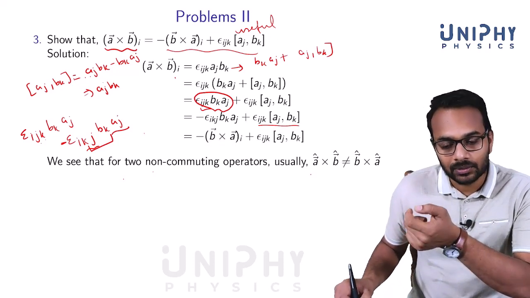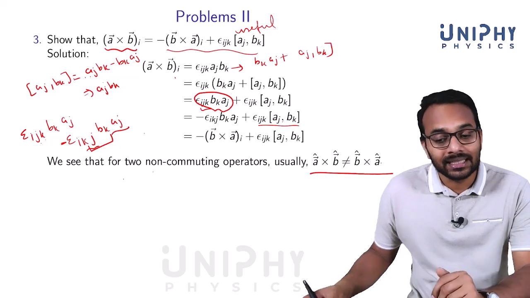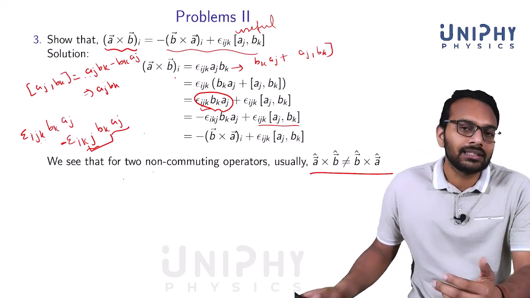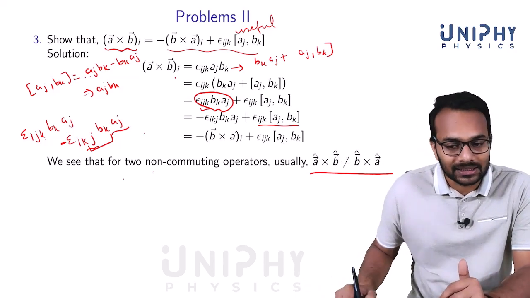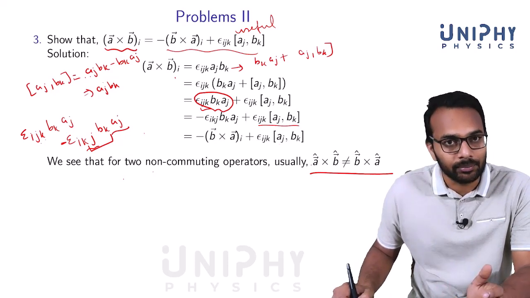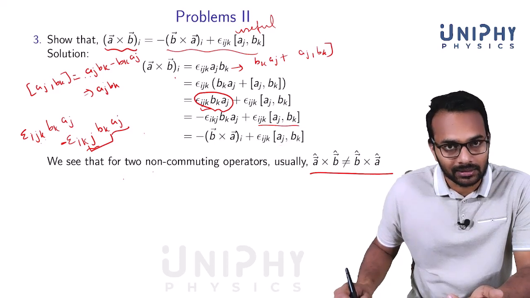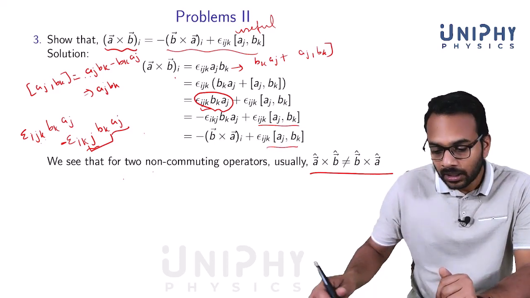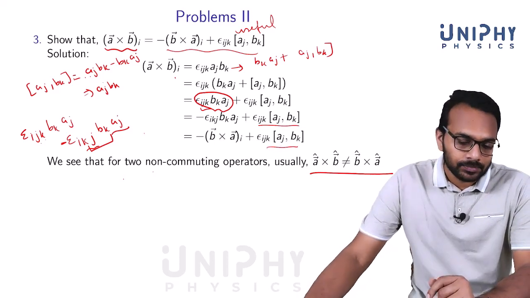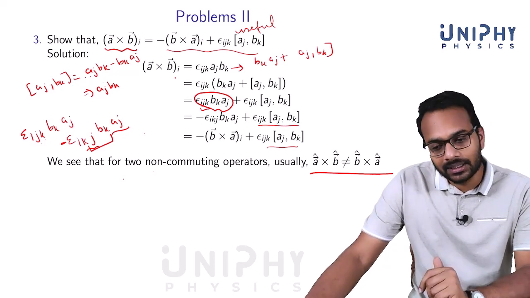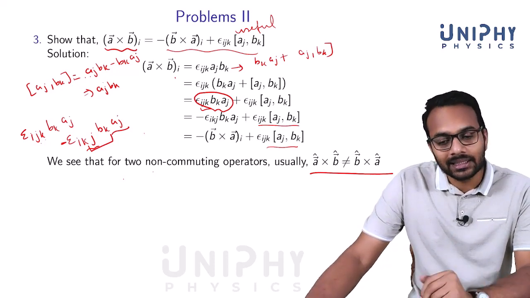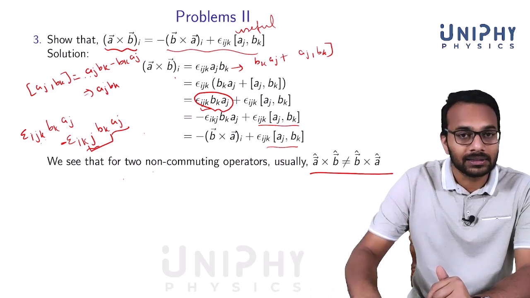There are situations where they can be equal, for example if these two vectors commute. There are also other situations where the extra term will vanish, but generally you should be careful. Generally A cross B is not minus B cross A.